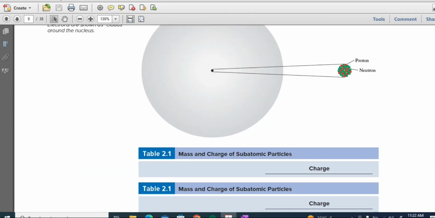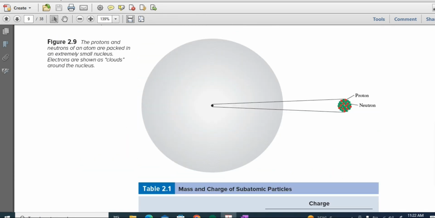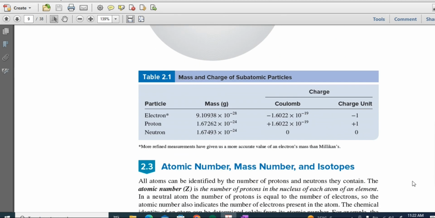Here you can see this is the table which you are going to remember: electron, proton, neutron, what are their masses, what are their charges? No need to remember the values in coulombs, because these charges are provided in the information book or the page given along with your exam. So you have to remember what their charges and masses are.